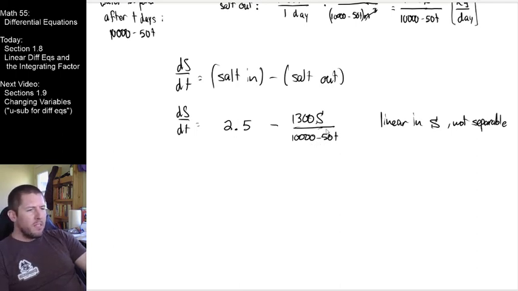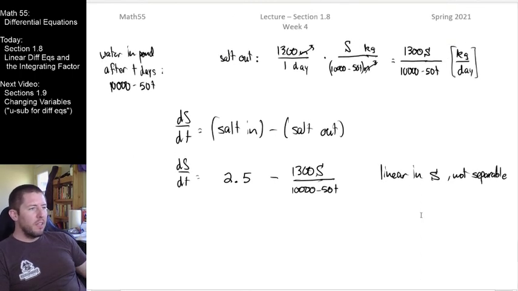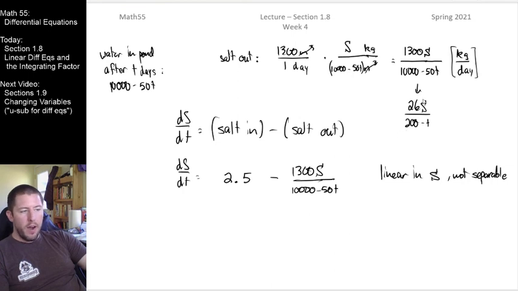I'm also seeing that I could simplify this a little bit if I divide this whole thing by 50. I think that's my easier way to write this term. So thinking of this term in terms of my reduced fraction, I'm going to move the S out front so that I'm thinking of the 26 over 200 minus t as a coefficient. And I'm going to push it over to the left side to hang out with dS/dt.